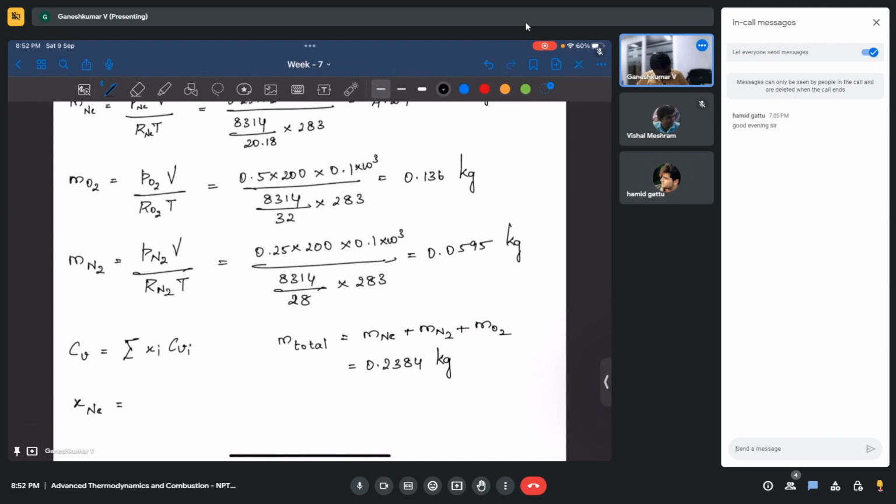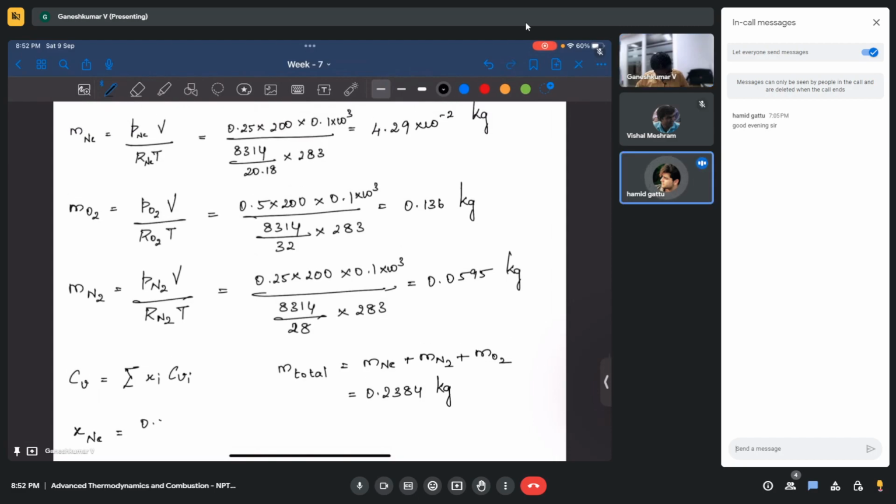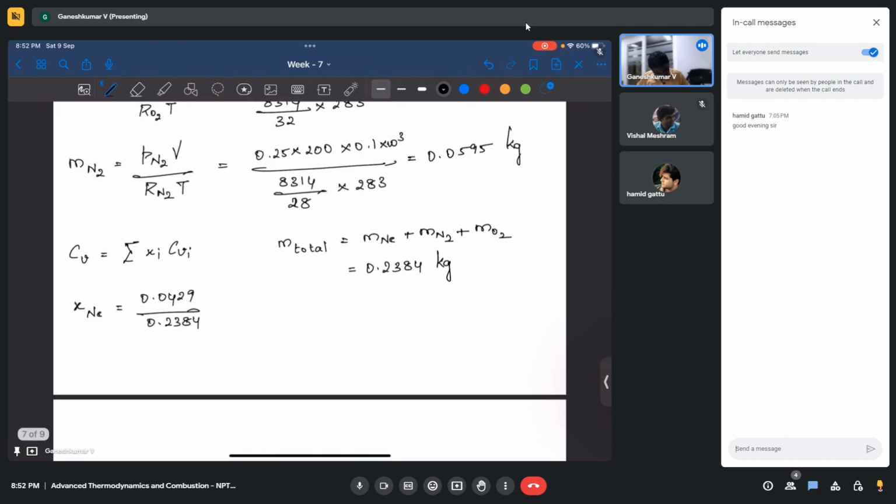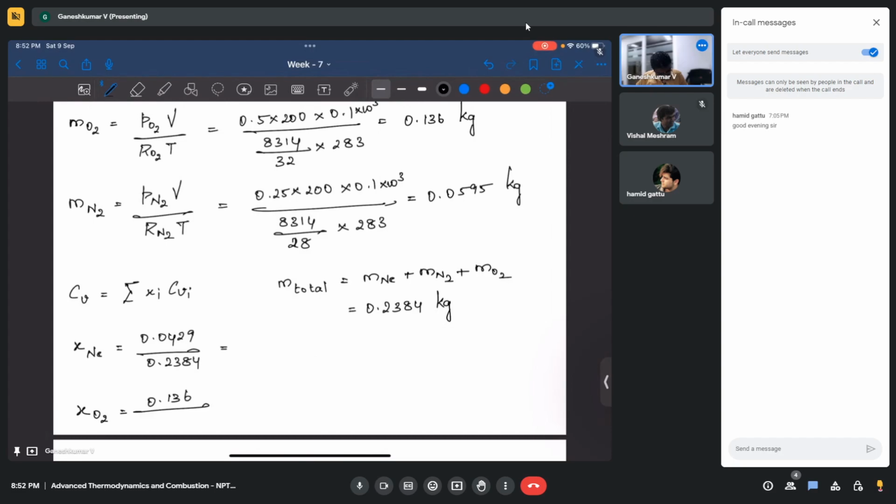So x of Ne is going to be, x of O2 is going to be around 0.18, and then for N2, about 0.57. It's going to be simply 1 minus the rest.